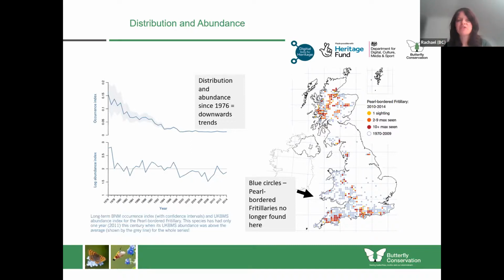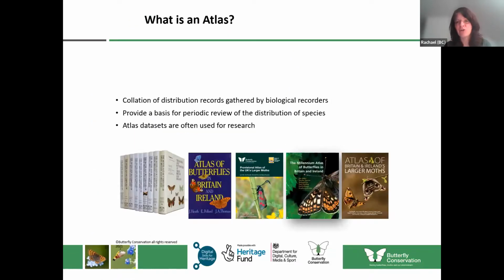They also allow us to assess change over time in populations or abundance, and you can see that from 1976 there's been a downward trend in this species. So without people's records, we just wouldn't be able to know this. When we've gathered them all, we put them into publications, such as atlases.